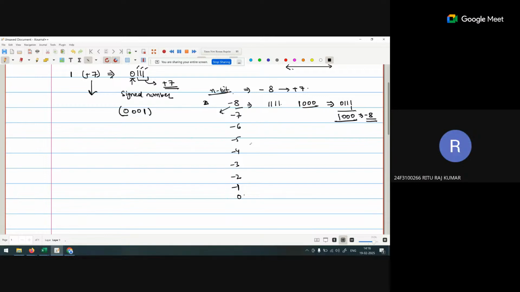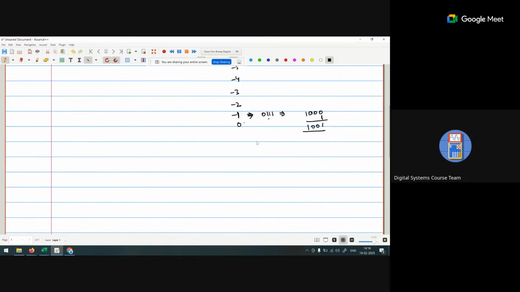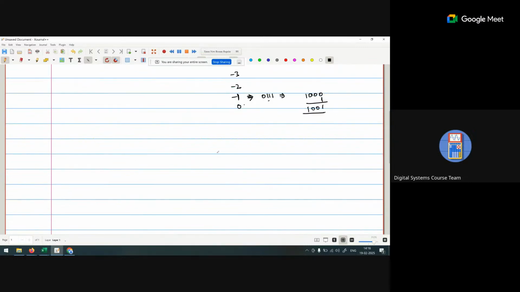Okay. Similarly, if I go with -1, take the complement, so it becomes 1001. Sir, 1111 is the -1 representation.